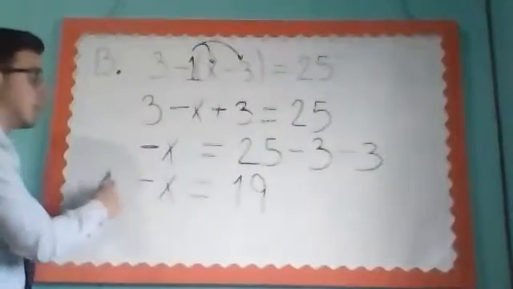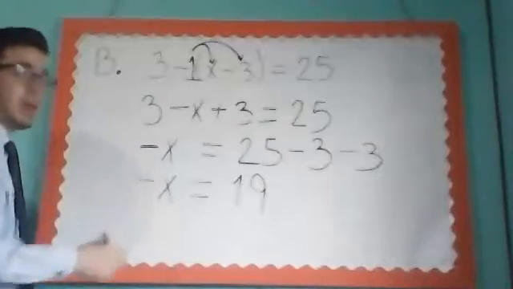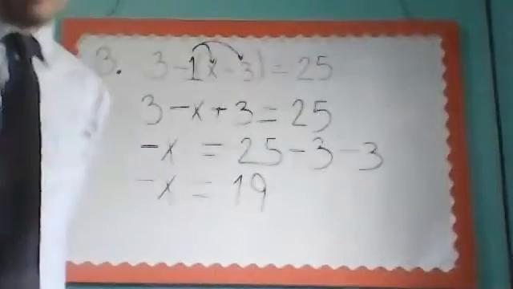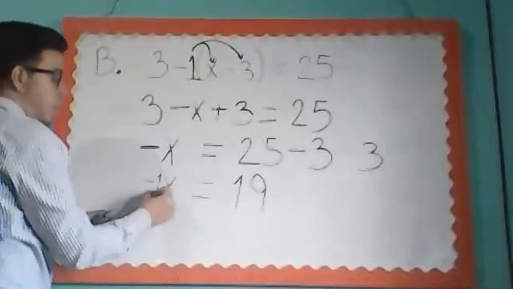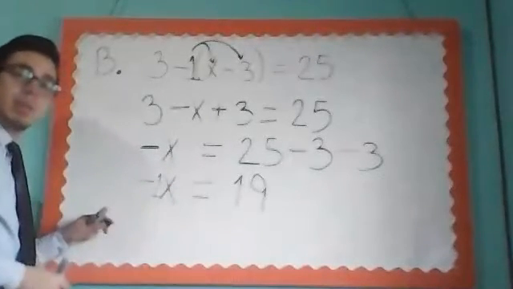But I don't want any number multiplying my variable. And remember that I have a negative in here. It's like you have negative 1 multiplying my x.